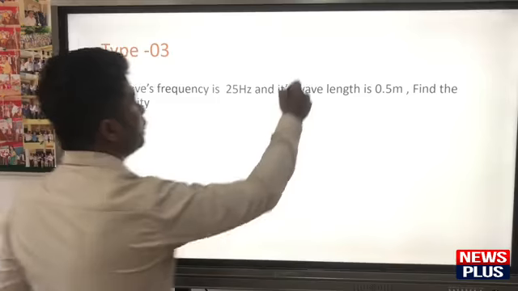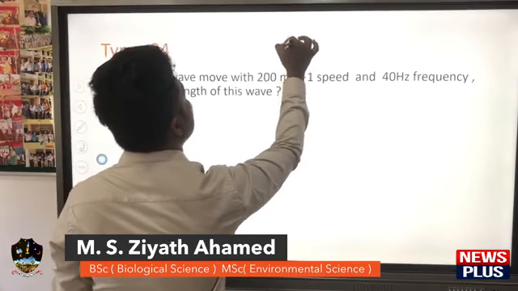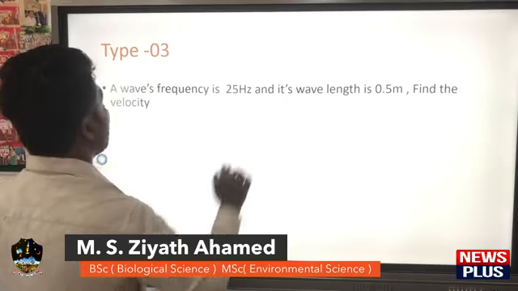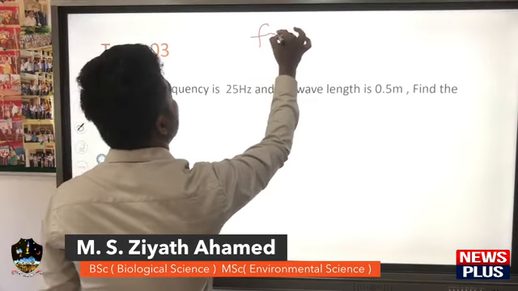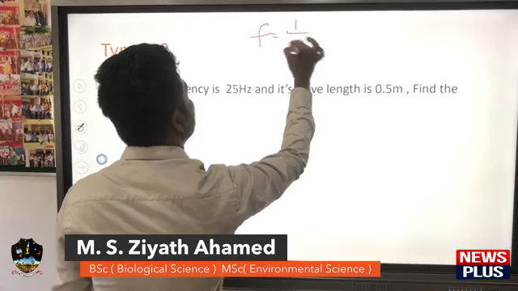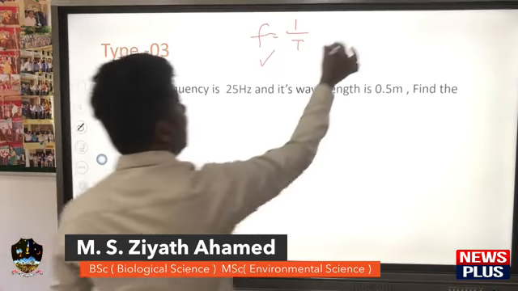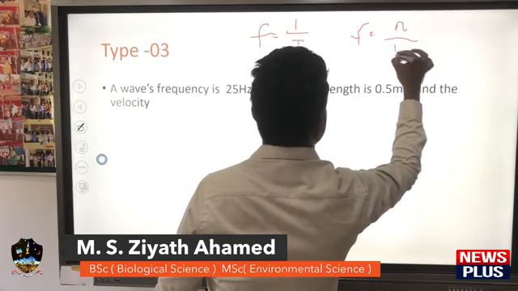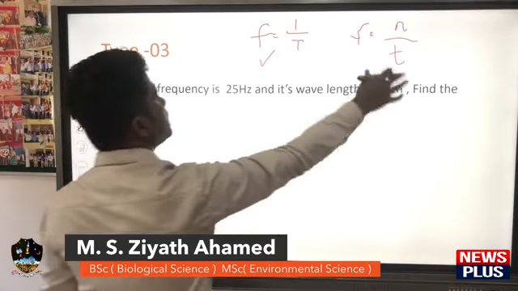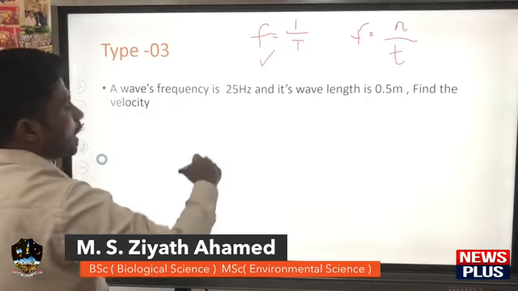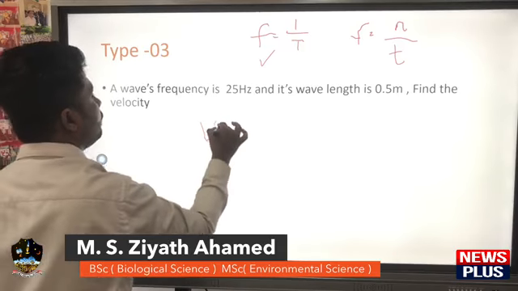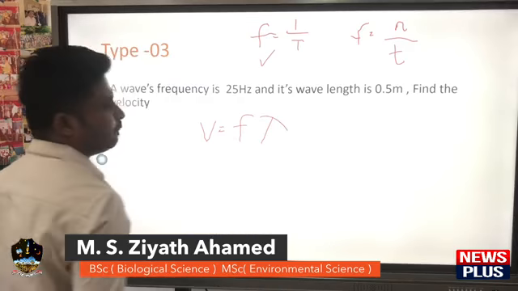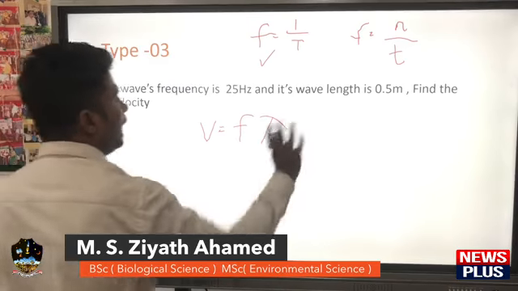You must know these equations: F is equal to 1 over T, and F is equal to N over T. From these two, we took one equation which is called V is equal to F lambda. This equation will follow until you finish A level.